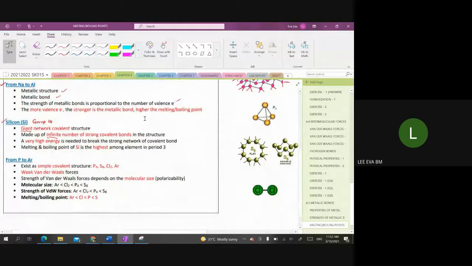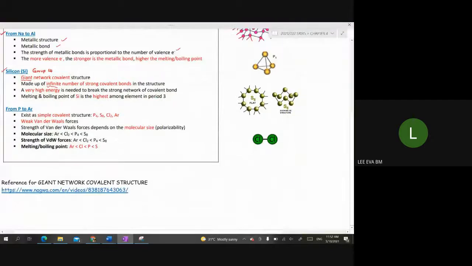For phosphorus until argon, we go back to the intermolecular forces, the van der Waals forces, or the London forces. I want you to remember that when we talk about their structure, phosphorus exists as P4.